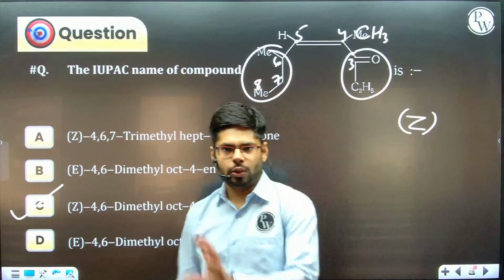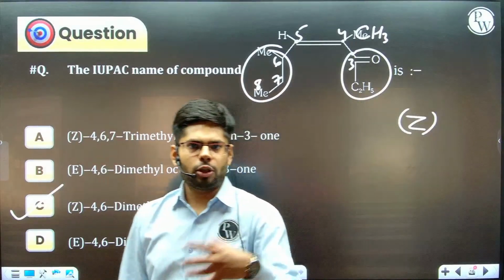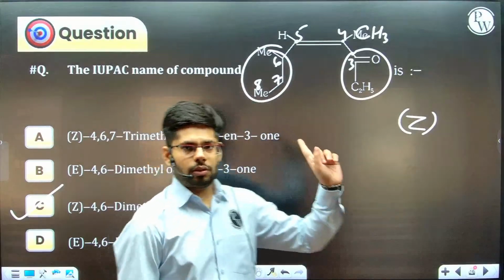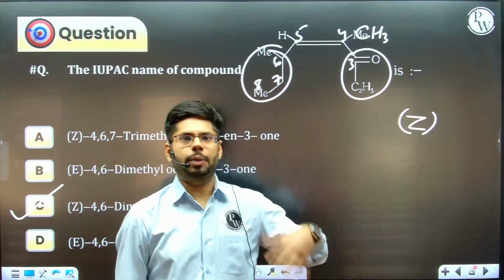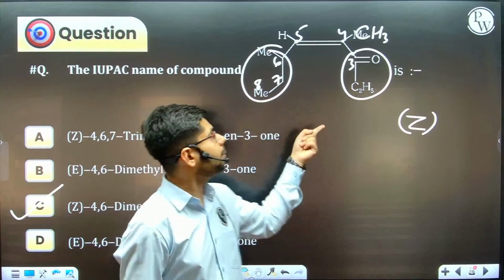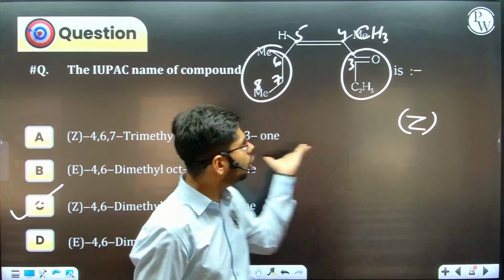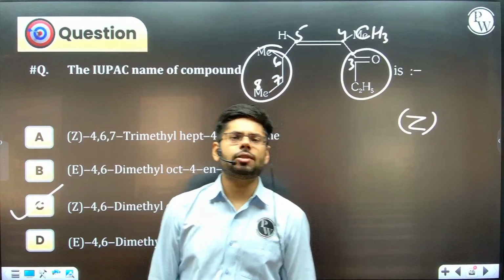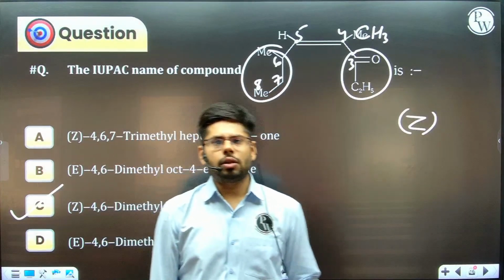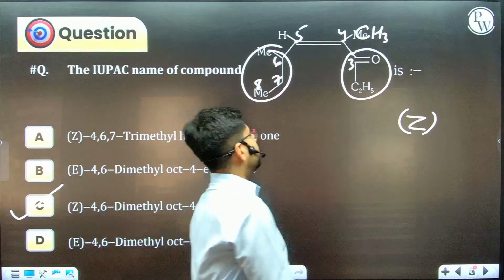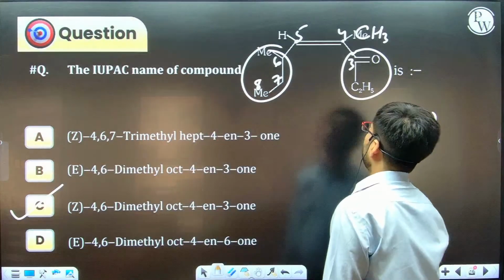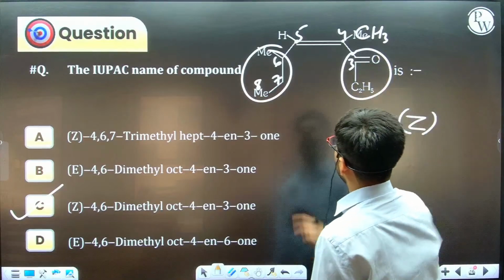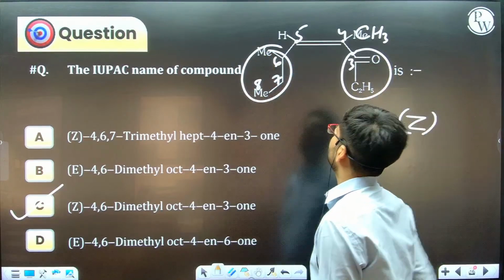Ketone is the priority here. When you talk about the priority series of nomenclature, you see which group is going to be the principal functional group. Here ketone is the principal functional group because there's no other group, and hence the suffix is one, because the suffix is always based on the priority. At the fourth position I have a CH3 attached, and at the sixth position also I have a CH3 attached.